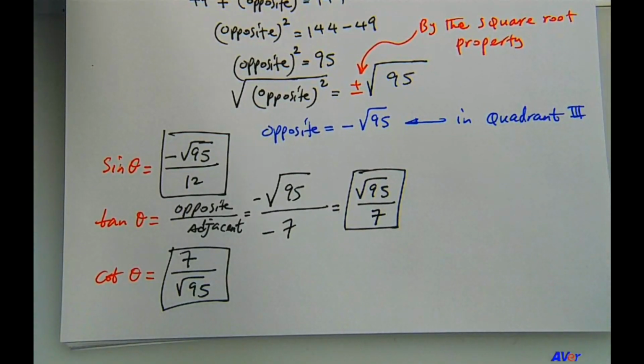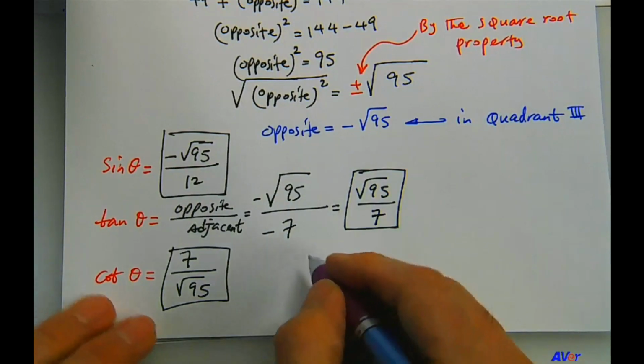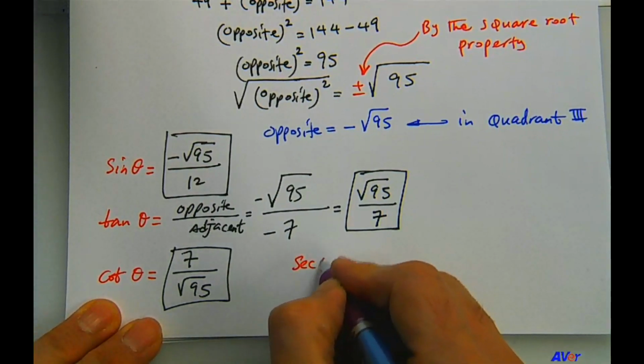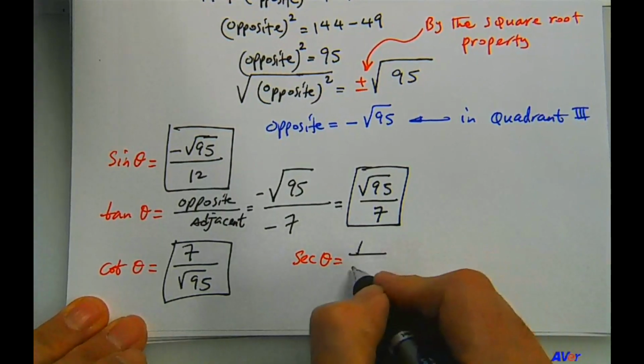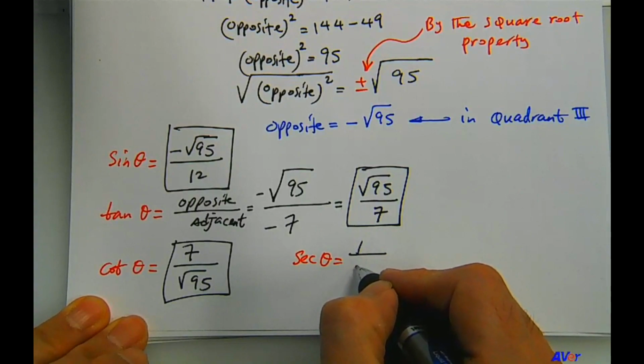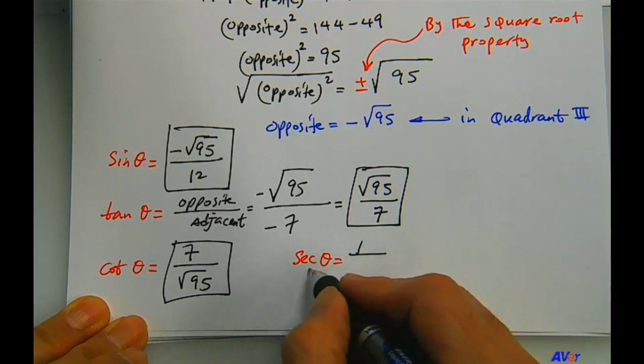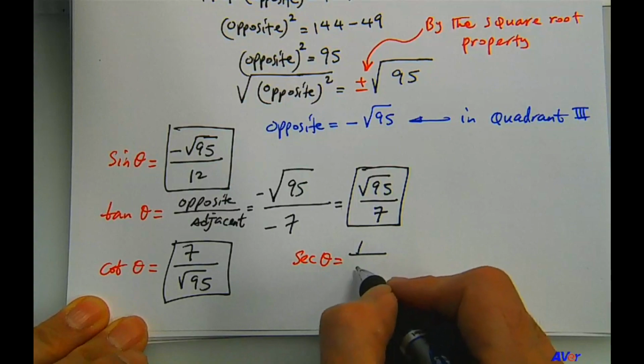And then I'm going to try to fit the rest of this here on the same page. So I'm going to write the secant of theta, which is equal to 1 over, do you remember which trigonometric function? Secant and cosine functions are reciprocals of each other.